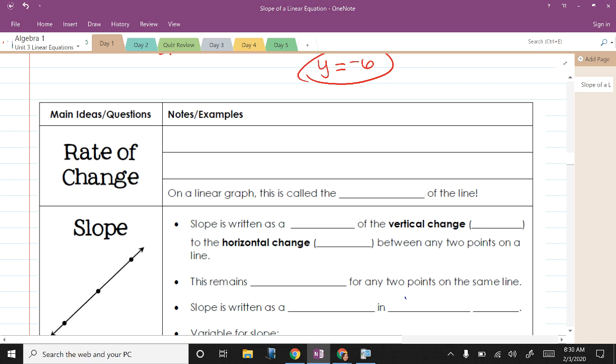All right, rate of change. Let's just talk about what that is. A rate of change is a ratio that shows how one variable changes with respect to another. So I'm going to write that down. Y'all can too.